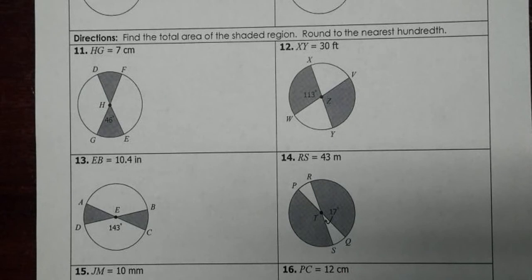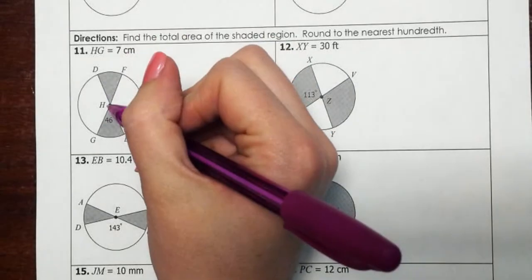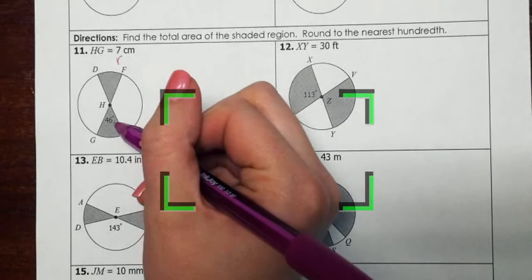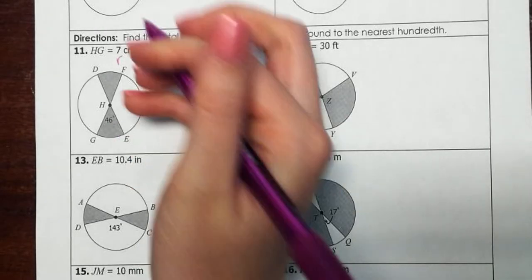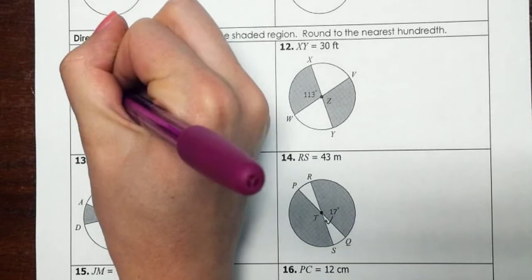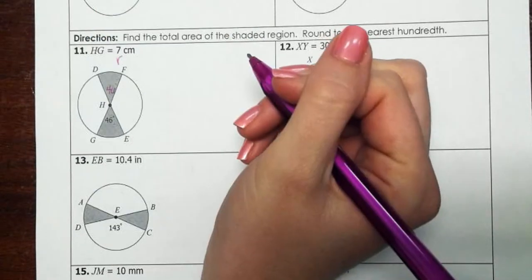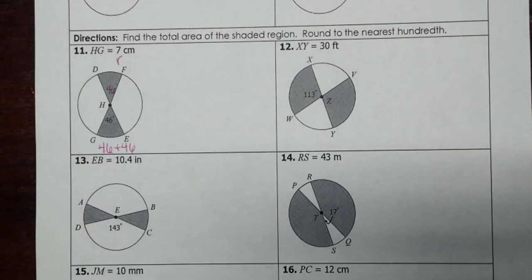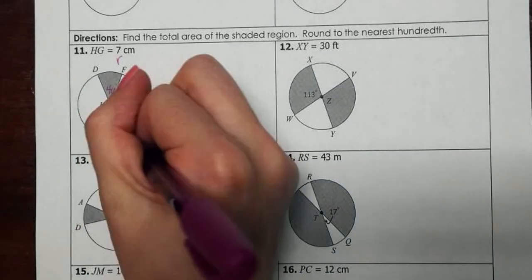Okay, so what we're going to have to do is add up the shaded regions to find the total x that we need. So it tells me HG is 7, that is my radius. And it shows me one of my shaded areas is 46. And both of those shaded areas should be 46 because they are vertical angles. So 46 plus 46 should be my total x, which is 92.